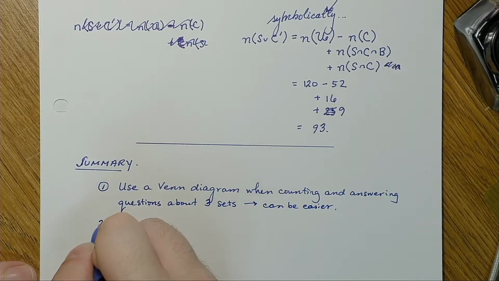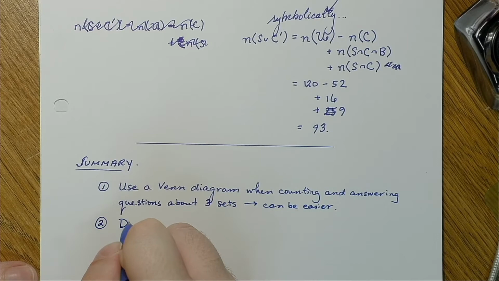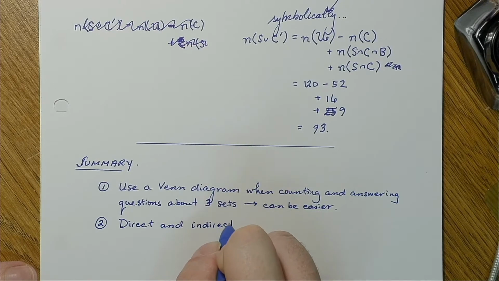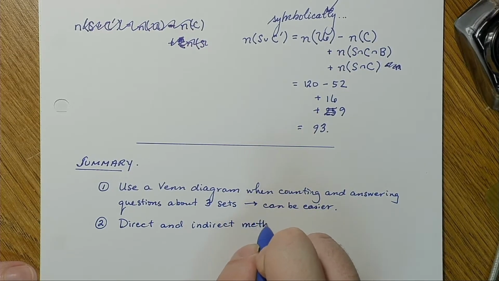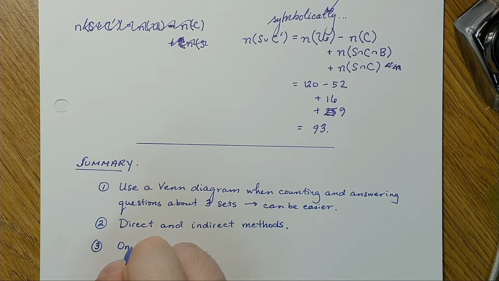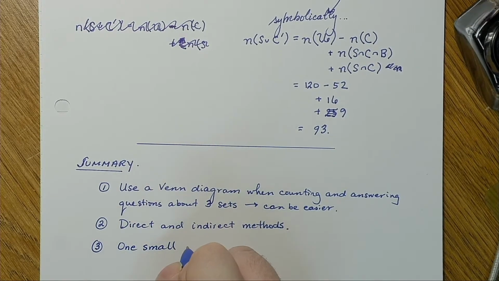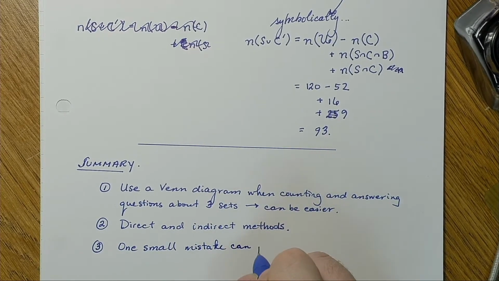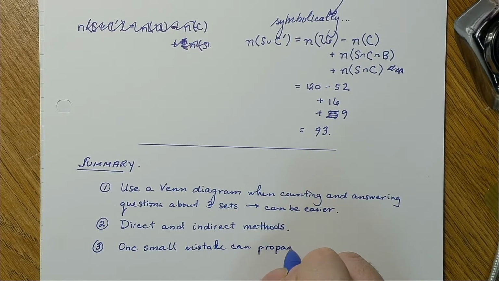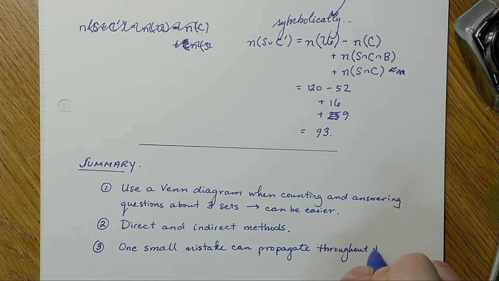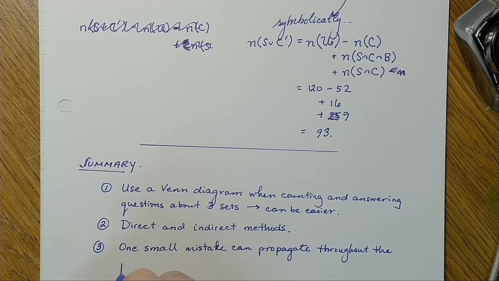We also covered direct and indirect counting. One small mistake can propagate throughout the problem.